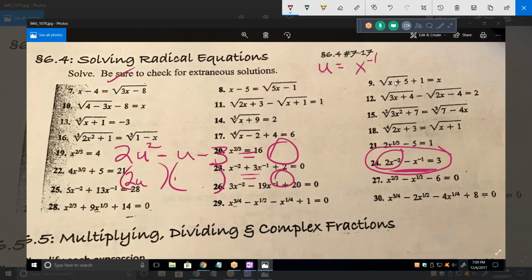It'll be 2u and u. Signs. Negative and positive. Only I have to write it like this because it could be positive negative or negative positive, and they are different. They are different whenever the coefficients of the u are different.